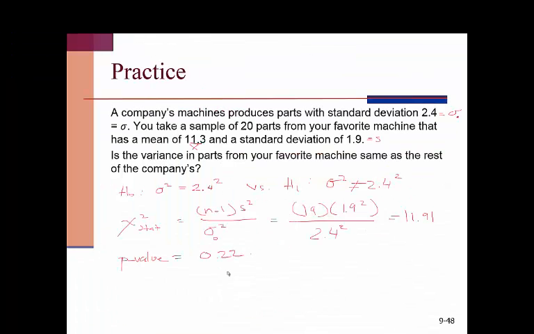Since we got a p-value of 0.22, that means the p-value is greater than alpha. Therefore, fail to reject H naught. Therefore, the test is inconclusive.